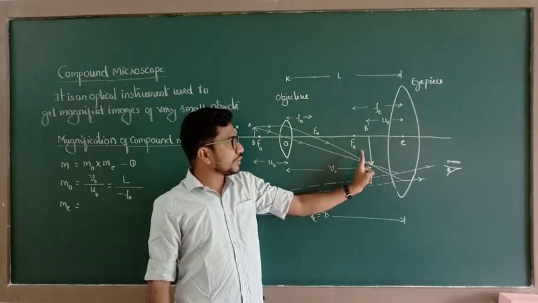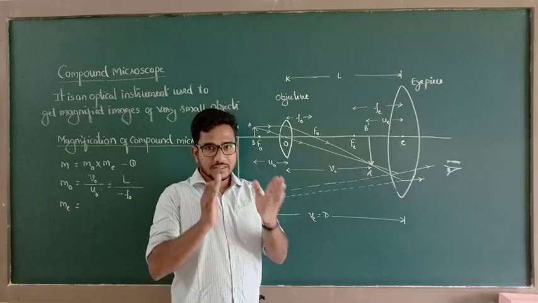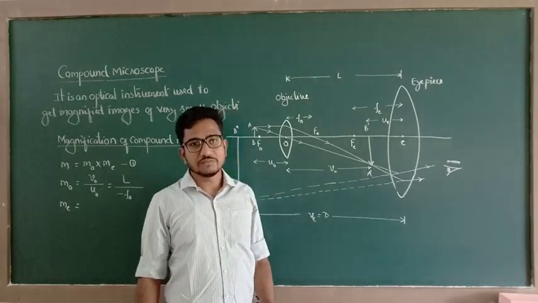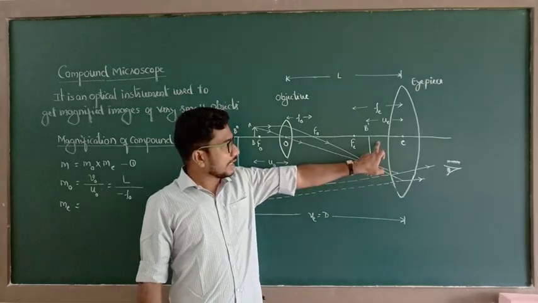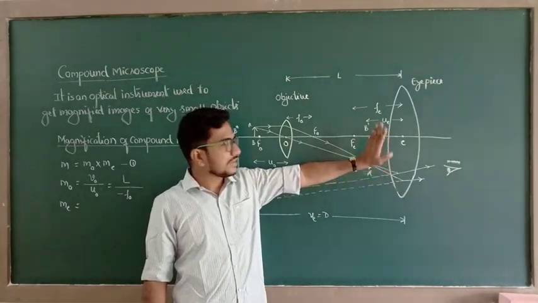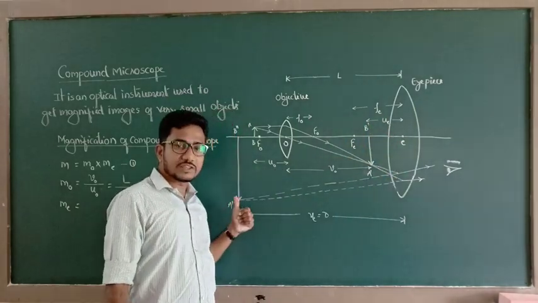The distance between A dash B dash and the optical center of the eyepiece is adjusted by using a rack and pinion screw in such a way that the final image lies at the least distance of distinct vision.